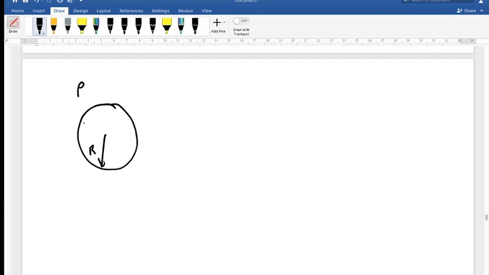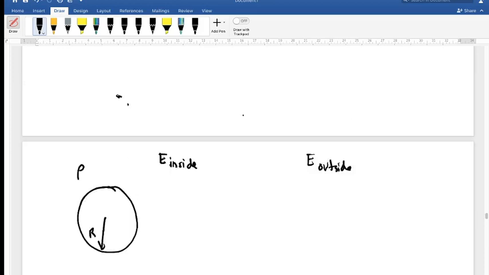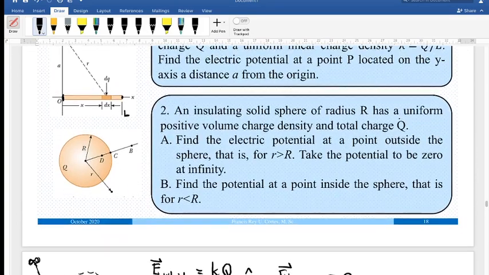This is a solid insulating sphere, so we first find the electric field inside and the electric field outside. The total charge of the sphere is equal to Q.